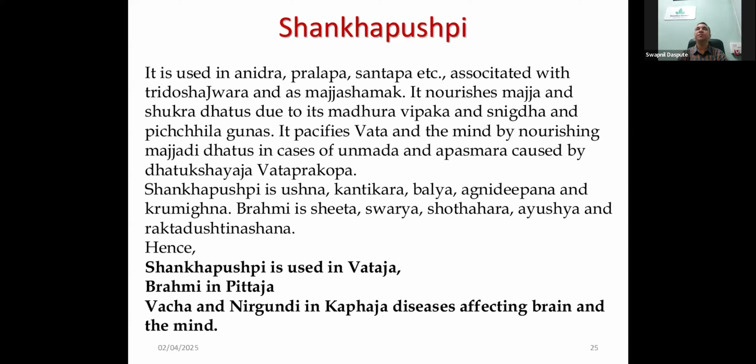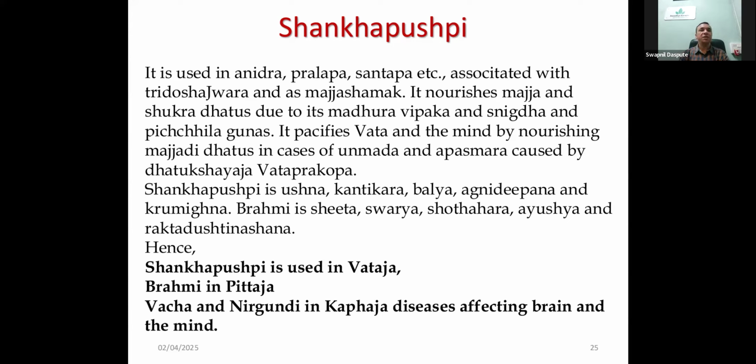So, wherever you see Vata Prakopa due to Dhatukshaya, okay, we have seen Rajakshma, etc., and even in Karsha. So in those cases, if you see psychological disorders or convulsions, in that case, Shankapushpi can be the drug of choice.